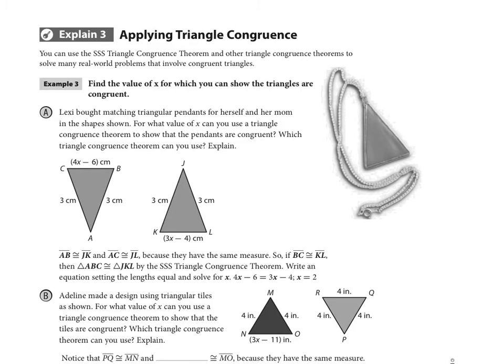Okay, so which triangle congruence theorem are we going to be able to use? Well, right now we can see that AB and JK are both 3, and AC and JL are also both 3 because they have the same measure. So if we were to say that BC and KL were congruent, then the triangles would be congruent by side-side-side.